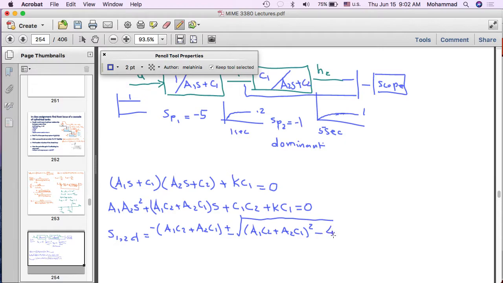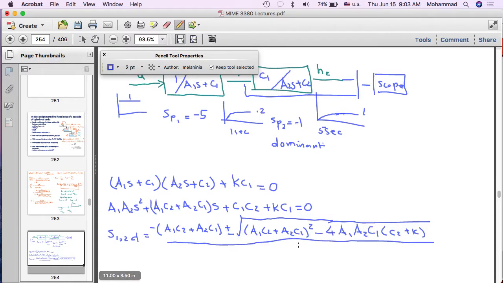So minus 4 times A1 A2 times C1 times (C2 plus K), close parentheses, and this continues. And this is all divided by 2a, which is 2 times A1 times A2.